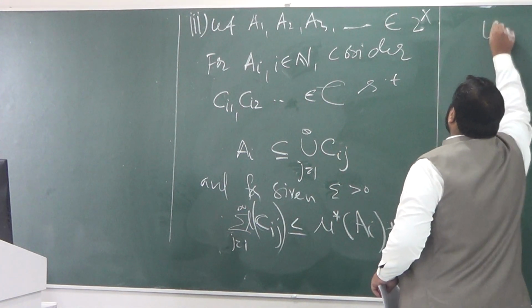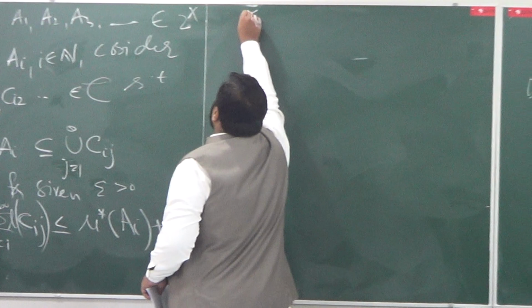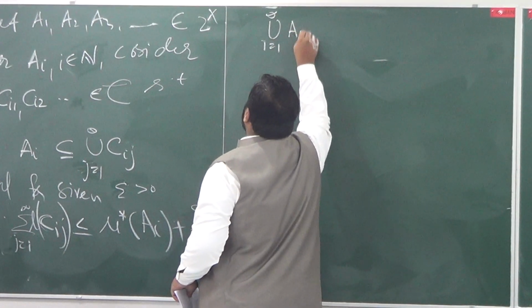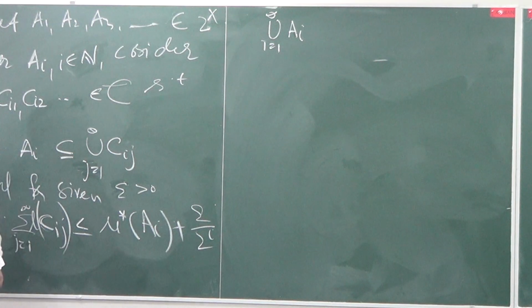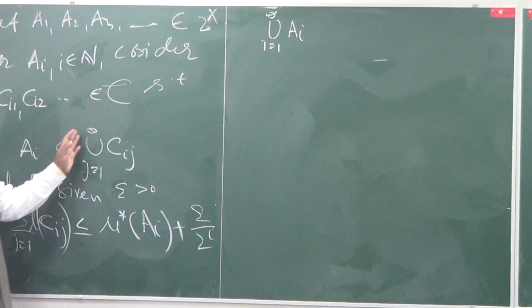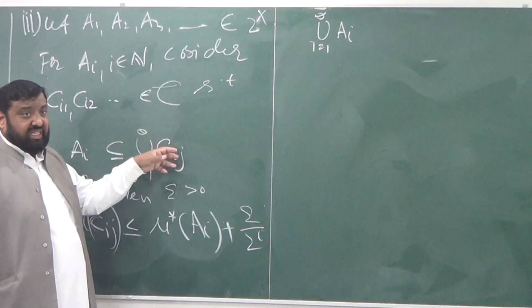Now, give me the covering for the union of Ai actually. Each Ai can be covered by such kinds of sets.